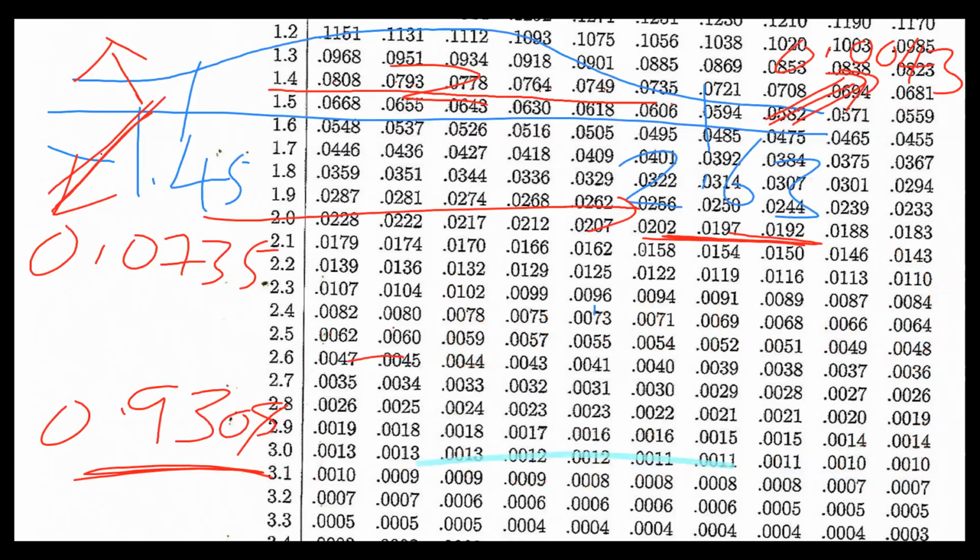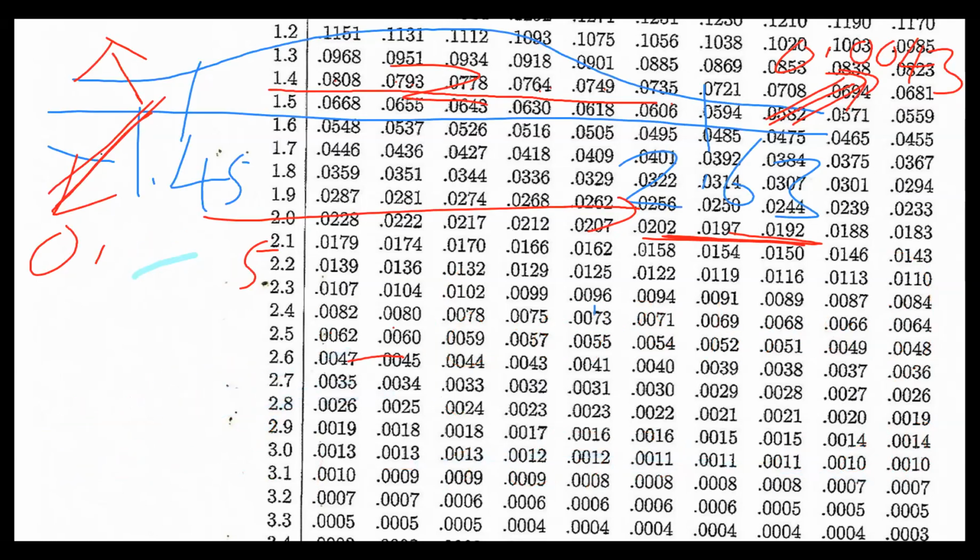Not following. No, sir, it's fine the way it is. It is 0.005. Oh, okay. Yes.